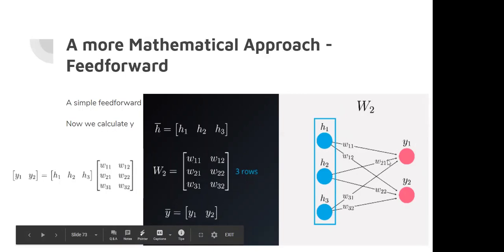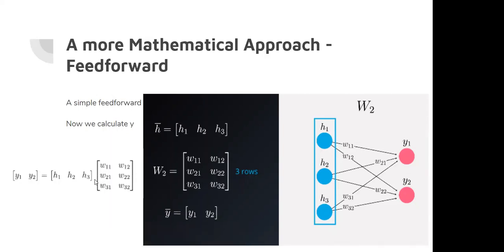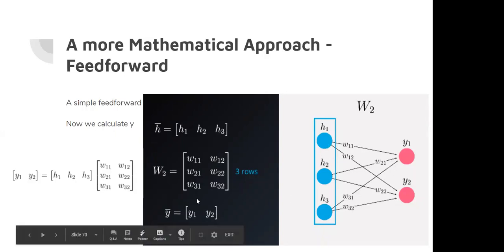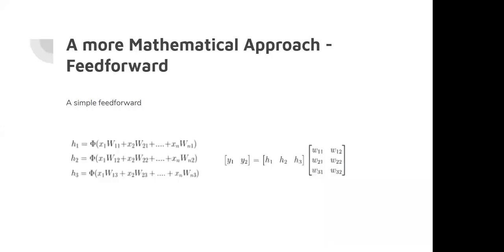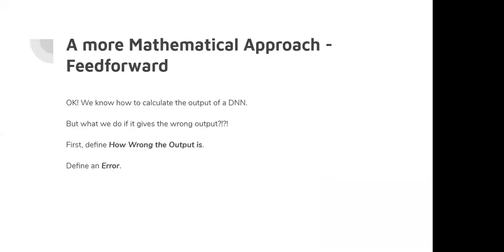Now we want to calculate Y, which is a simple dot product of H1, H2, H3 and W2. Y bar may or may not be passed through an activation function. That depends on what you want to do with your neural network. So this is how a simple feed forward looks like. These are the equations.